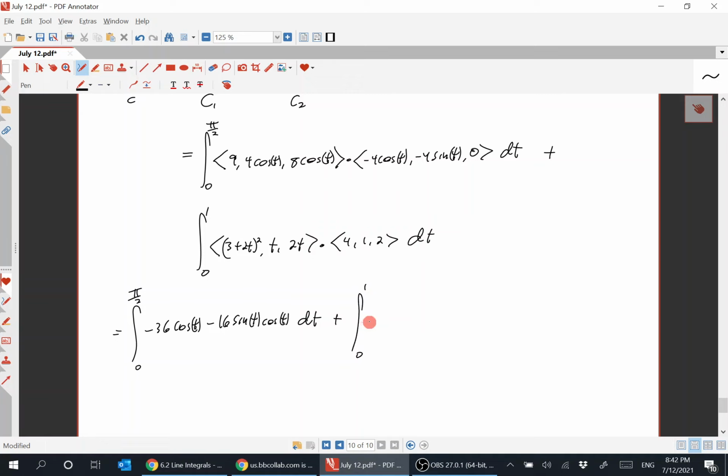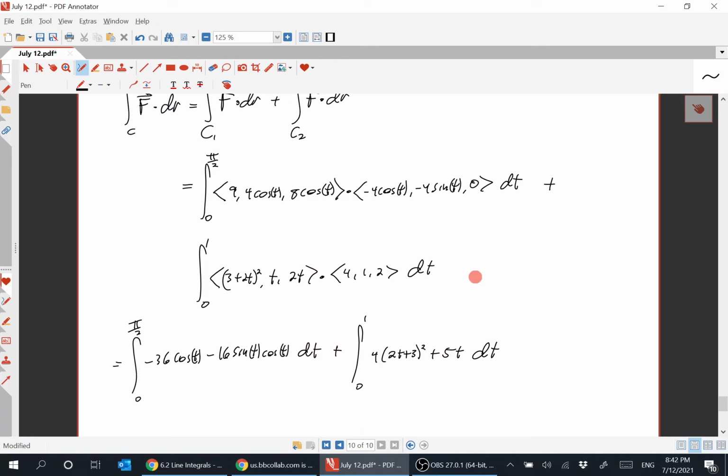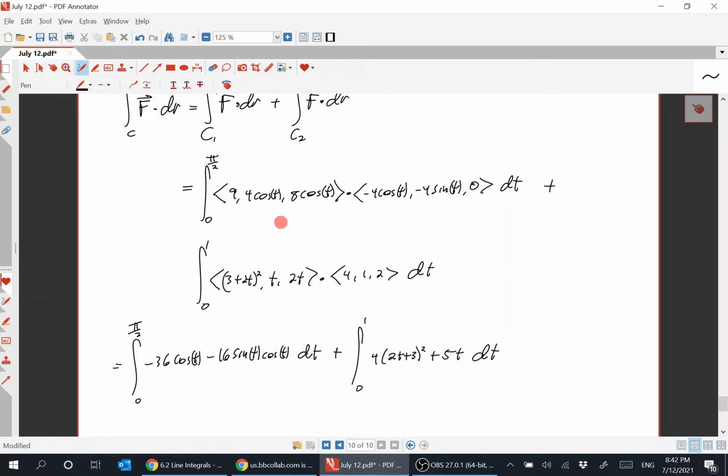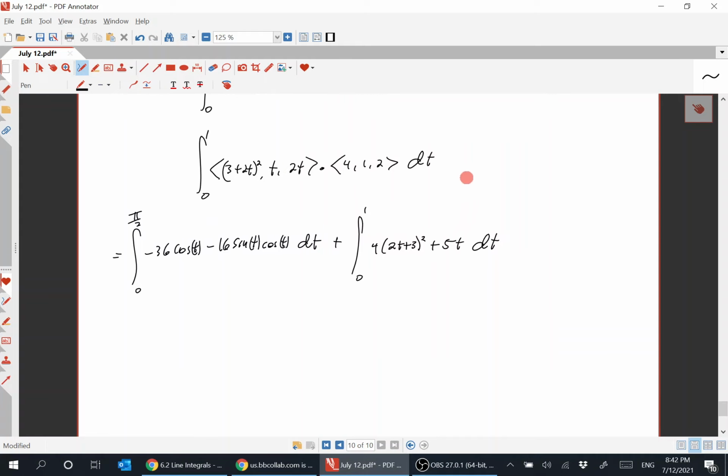Plus the integral from 0 to 1 of 4 times (3 plus 2t) squared, plus t plus 4t, you get 5t, dt. Oh, I think I'm supposed to square something. Oh, the 9 is the square there. Minus 36 cosine t minus 16 sine t cosine t.